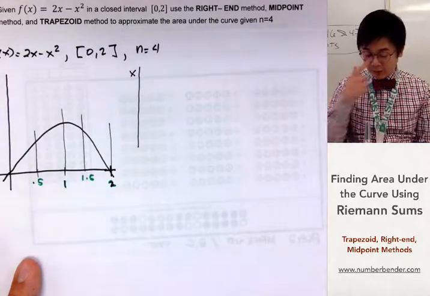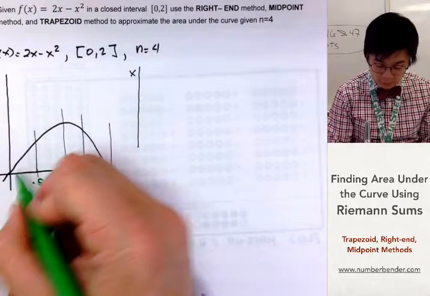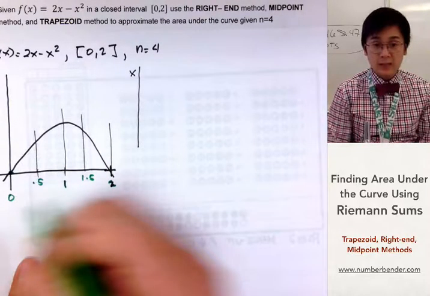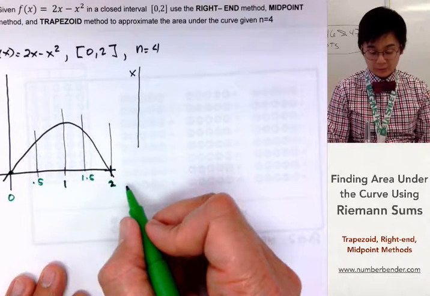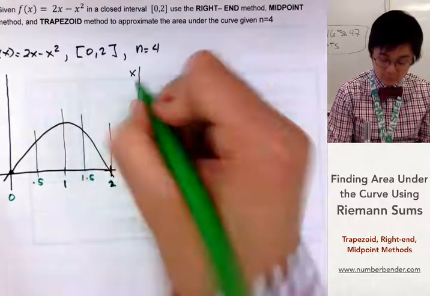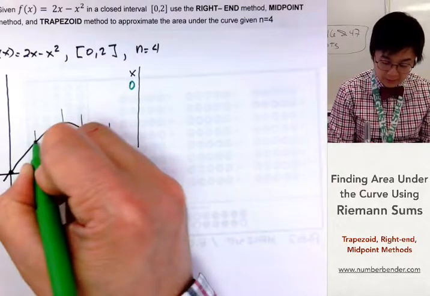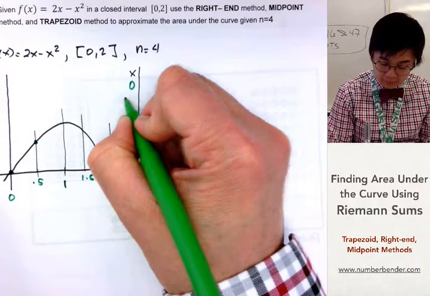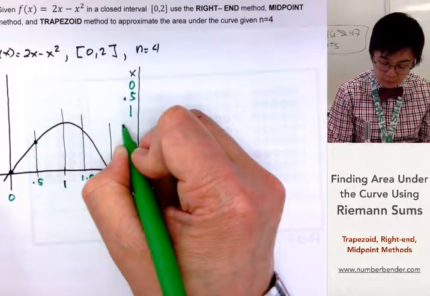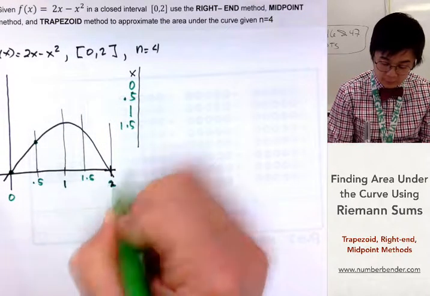Since gagamitin natin yung trapezoid method, so mag-uumpisa tayo ngayon sa 0. So, yung mga endpoints natin, kailangan natin yung 0 and 2. So, kailangan natin yung value ng y at x equal to 0, y at x equal to 0.5, 1, 1.5, at 2.